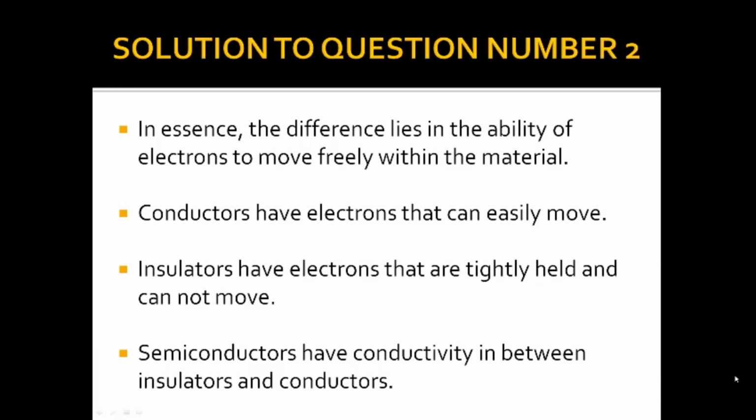So in summary, in conductors, there are free electrons. In insulators, there are no free electrons. While in semiconductors, the electrons may not be moving, and when energy is acquired, the electrons can start moving.